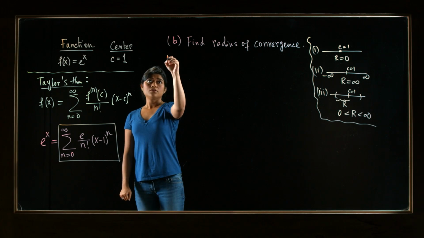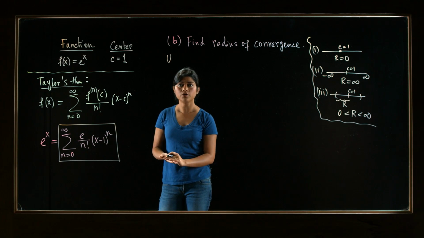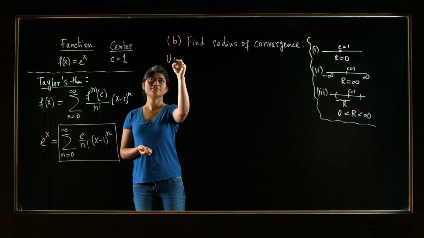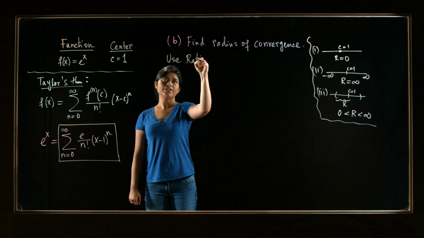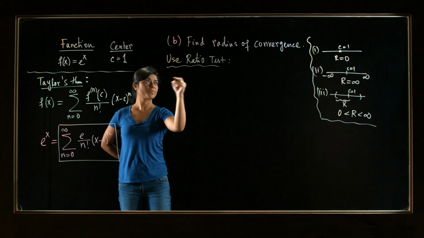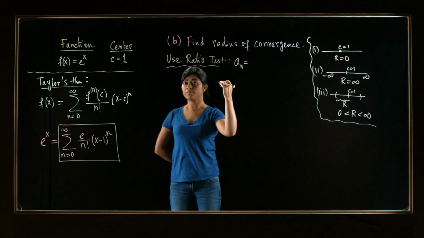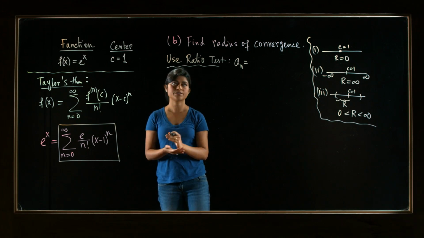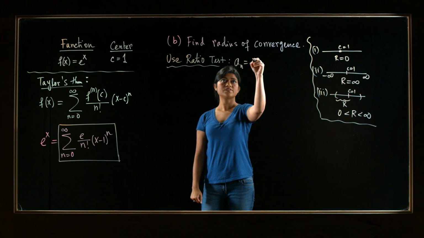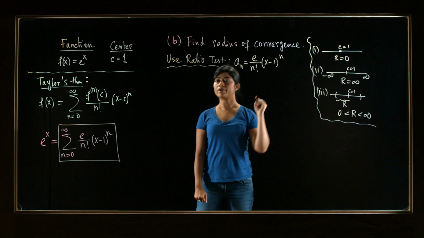Now also recall that given a power series, if you want to compute its interval and radius of convergence, you can use the ratio test, and usually that works. So let us use the ratio test. Remember we need to figure out a_n and a_(n+1), and then form the ratio and find the limit. So a_n is already given, the expression inside the summation: e over n factorial times (x minus 1) to the power n.